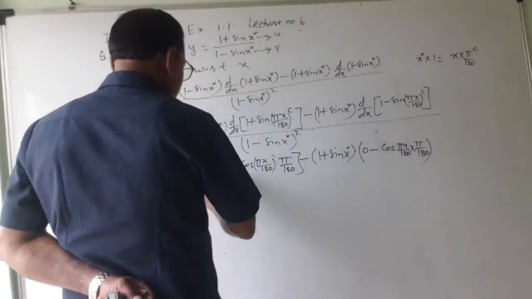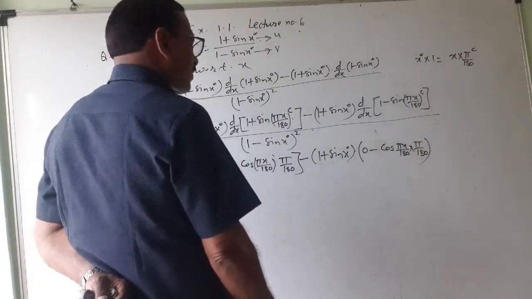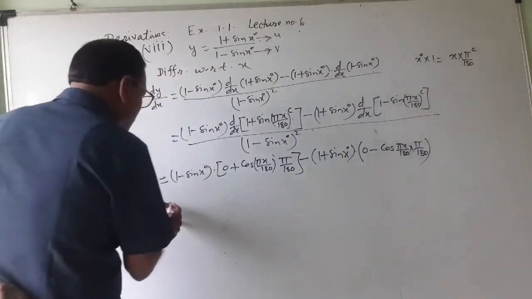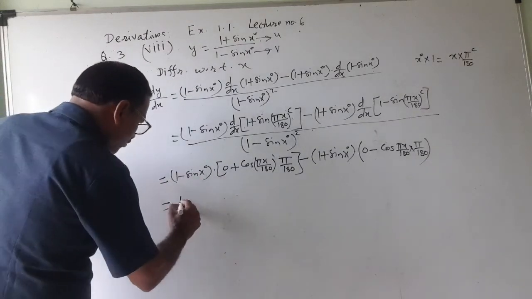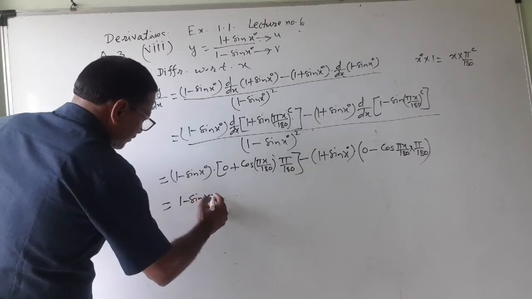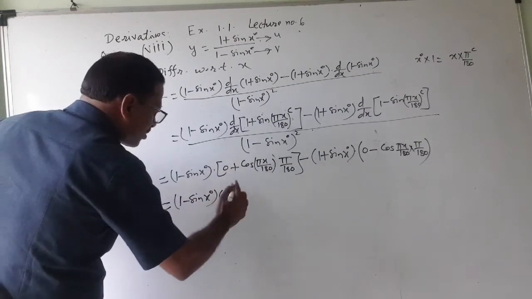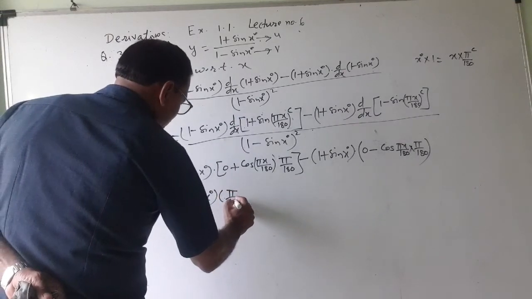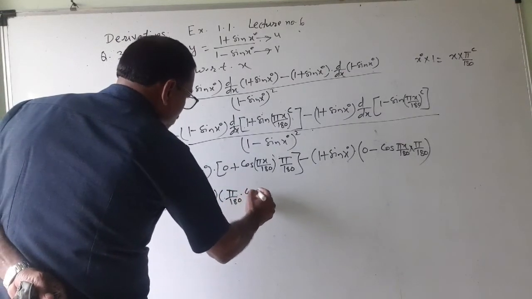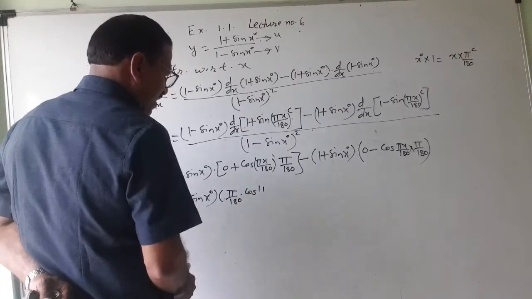Just remember all these steps. Okay, that is equal to, now multiply this (1 minus sine of x degree) into this, 0 is not doing anything. This is pi by 180 I am taking here into cos of pi x upon 180.